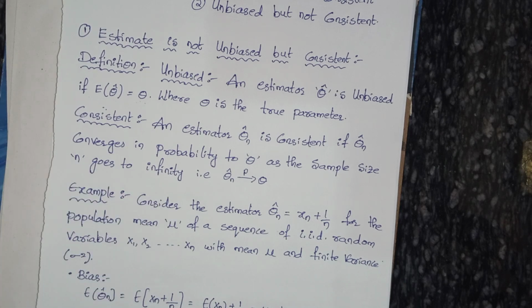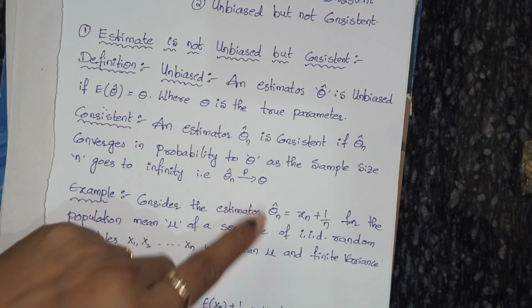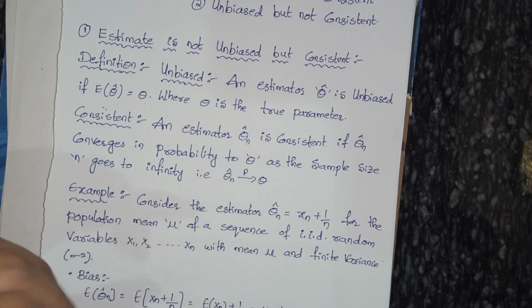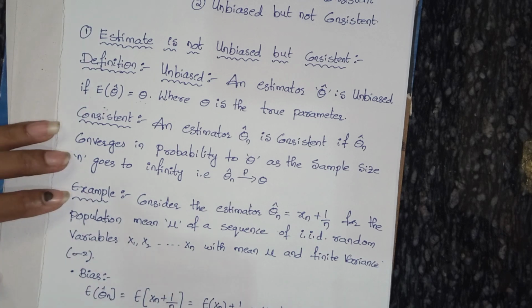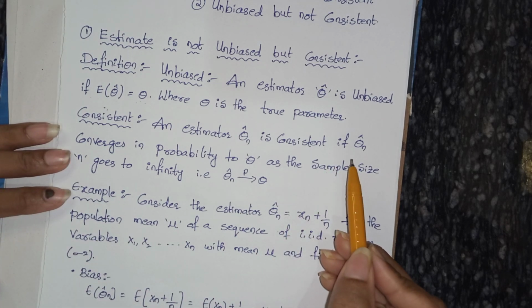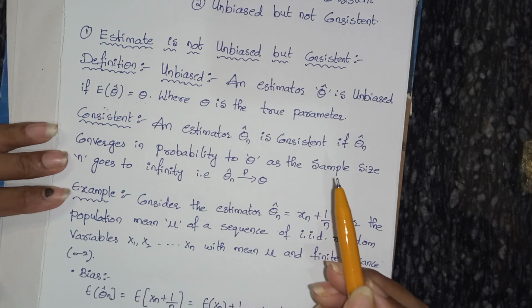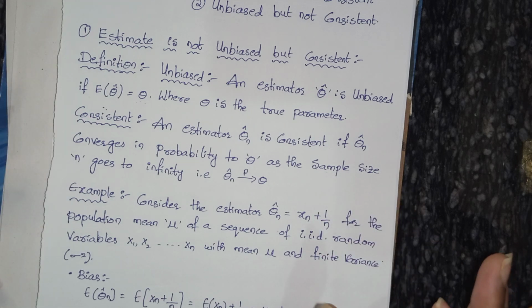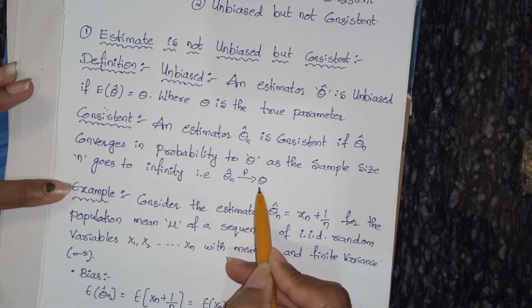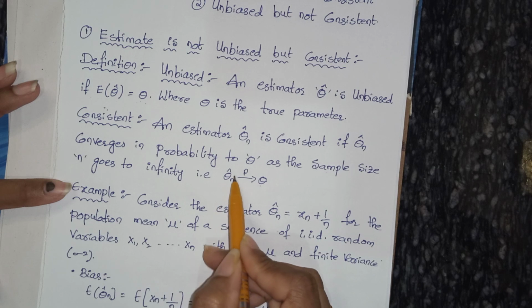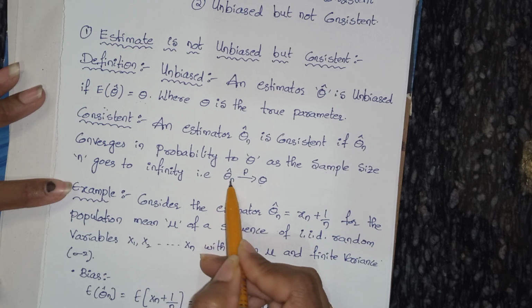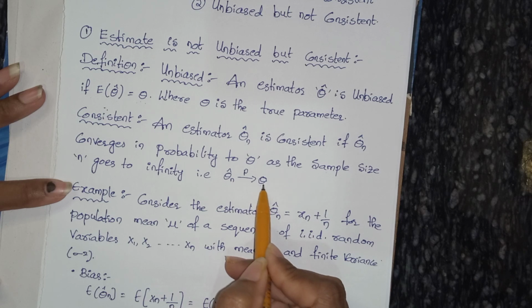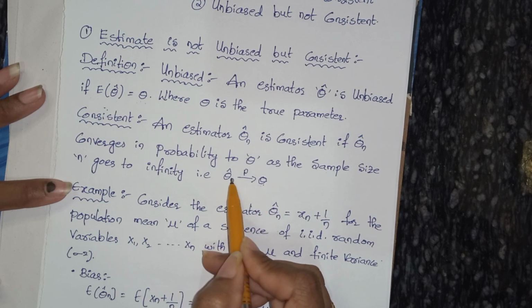That means if we go on increasing the sample size, it should tend to the population mean, the population parameter. Theta belongs to the population parameter, an unknown constant, and the estimator is the sample statistic.